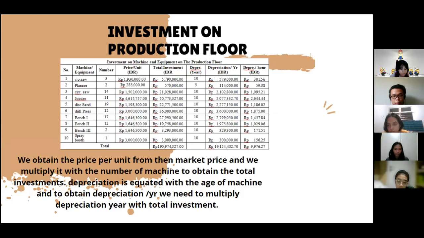After that, we divide it by the total hours per year, which is 192 hours. The total investment that we get is 190,974,327, and the total depreciation per hour is 9,976.27 rupiah. Next.